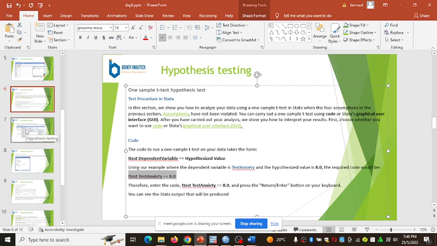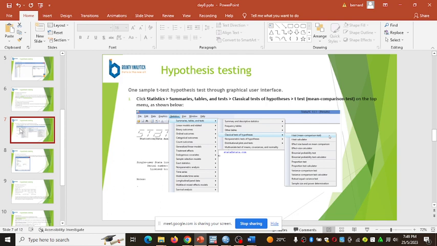Now I want us to do the same but using the GUI, and I'm sure we will get the same output. So we are using the GUI, that is the graphical user interface.